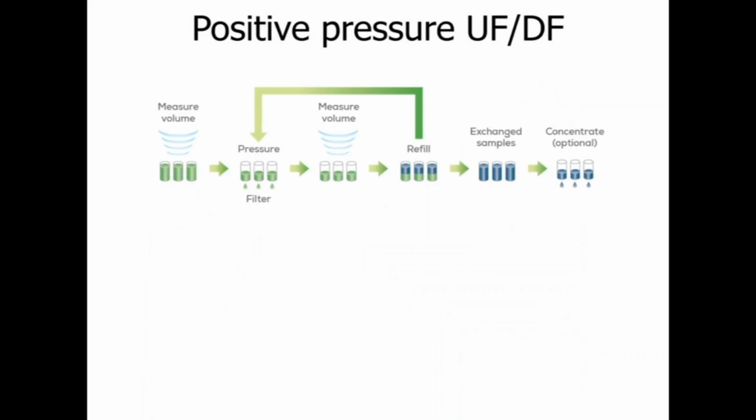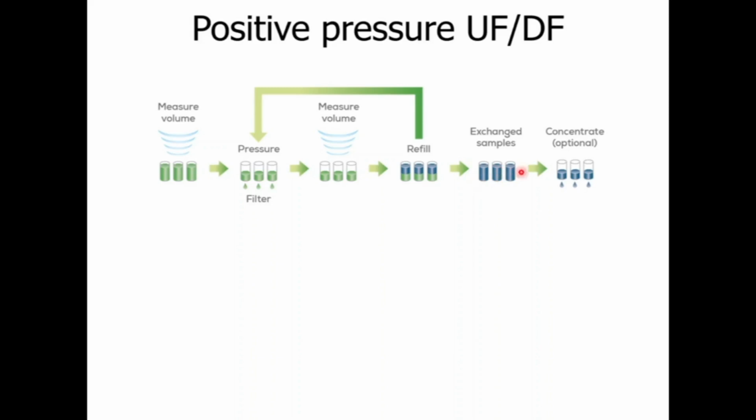Our solution is different. It uses a disposable cartridge, here's the comic of it, with a membrane at the bottom. You transfer your sample into this cartridge, you measure the volume, then we apply positive pressure to start our exchange cycle. We measure the volume again, and the system automatically refills buffer and cycles through these steps until the desired degree of buffer exchange has been reached.